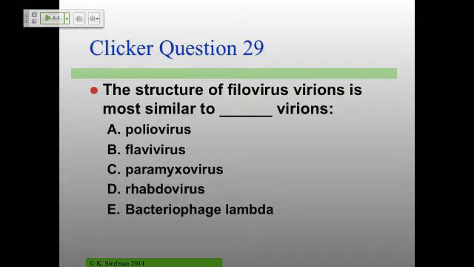The structure of filovirus virions is most similar to blank virions: poliovirus, flavivirus, paramyxovirus, rhabdovirus, or everybody's favorite, bacteriophage lambda.